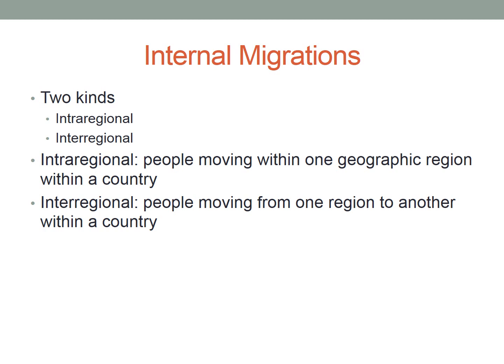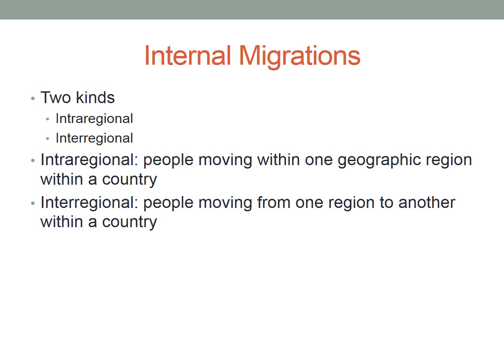And these are just our textbook definitions, so this should be fairly simple, but we're underlining important parts of the definition. So again, intra-regional, people moving within one geographic region within a country, so within a region. And then inter-regional, people moving from one region to another, again within a country.